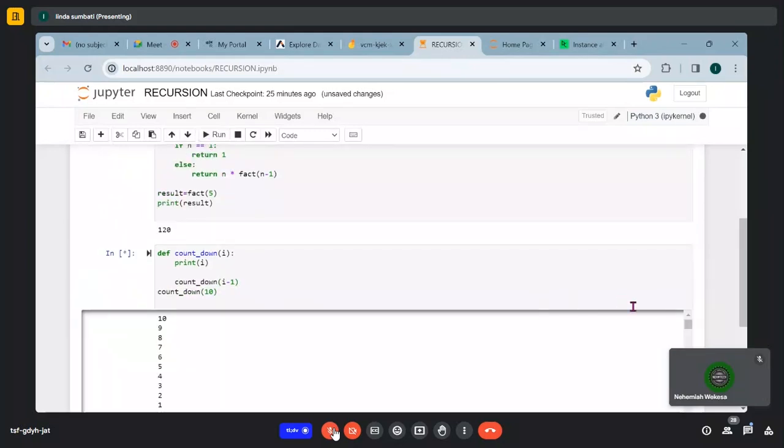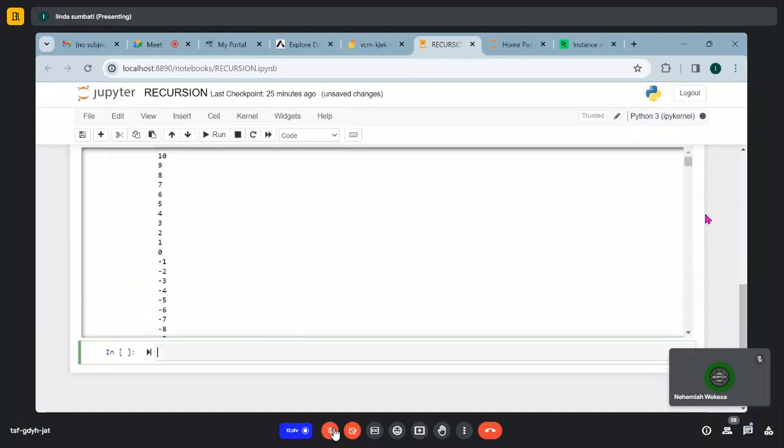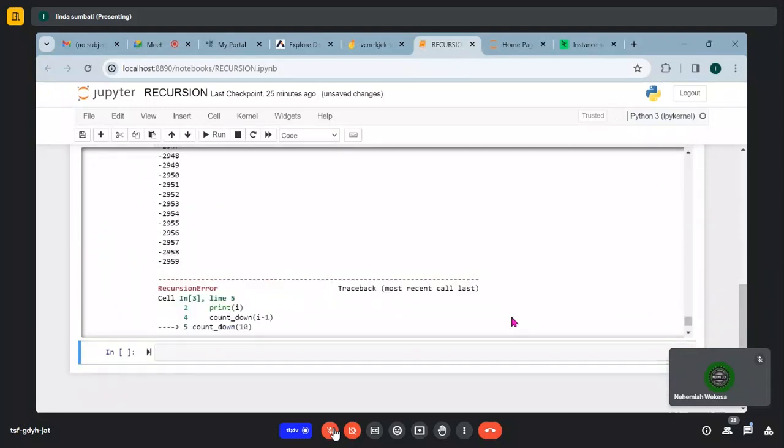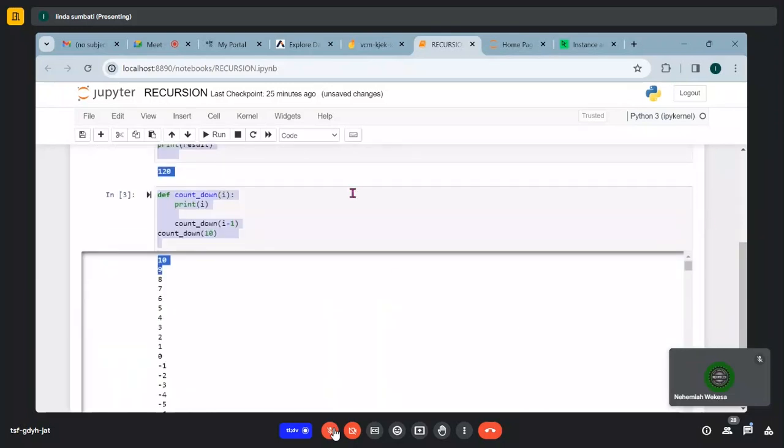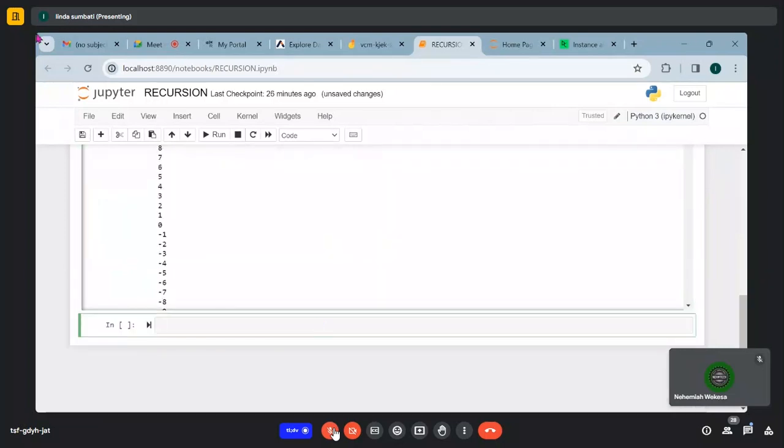You see, it goes on and on, then it will reach a stack overflow whereby it cannot go on. You see it's saying there is a recursion error. So what you do is, you need to introduce a base case.